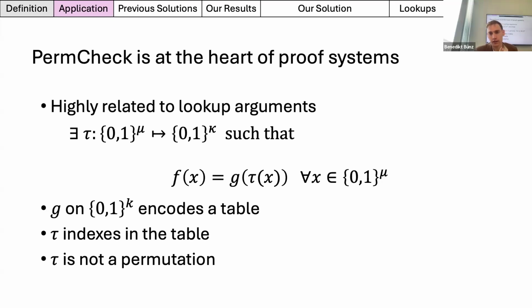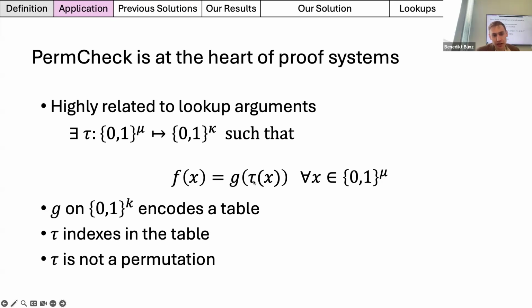This also has a bunch of applications in these proof systems. If I want to do arithmetic, let's say mod 2 to the 32 instead of over some large finite field, then I might have to do some range proofs. Or I can even encode a computation in a table. So I can write this in a very similar manner where G encodes the table, and tau of X says that I want to prove that all of the values in F are inside this table.